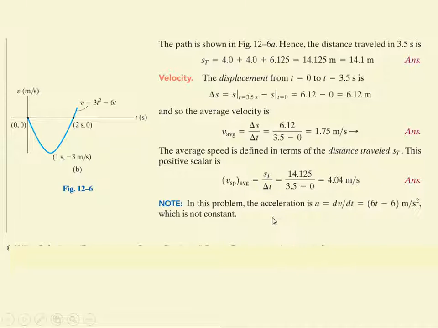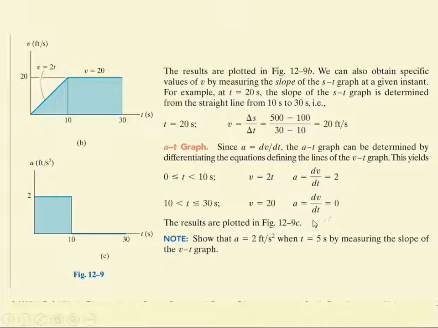Here the acceleration is not constant either. So you could plot the results here. You see, this is t and this is v, from 0 to 10 and to 30, and this is the velocity plot or the acceleration plot.